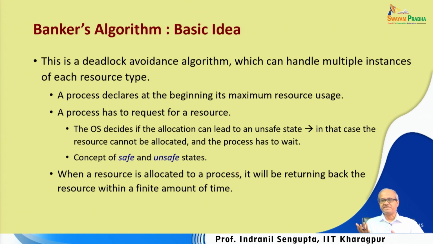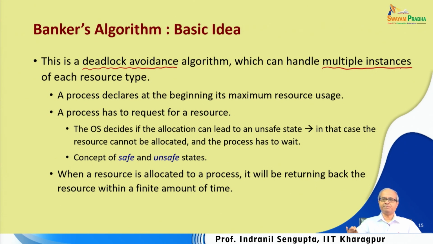So, we shall be discussing an algorithm later in our next class, which is called the Banker's algorithm. This is one of the most common algorithms used for deadlock avoidance. First thing is that this is a general algorithm for deadlock avoidance. General means we are assuming that there can be multiple instances of each resource type.